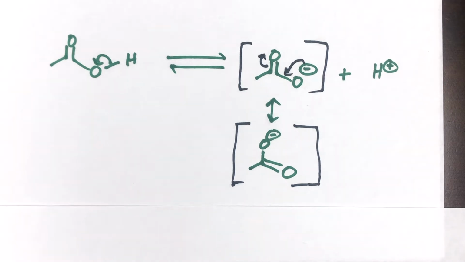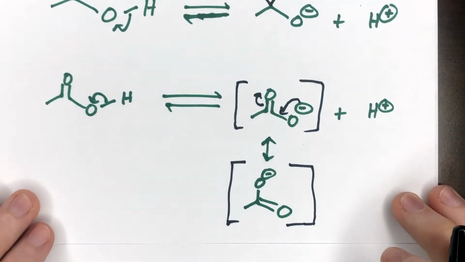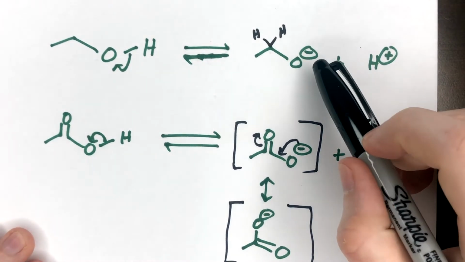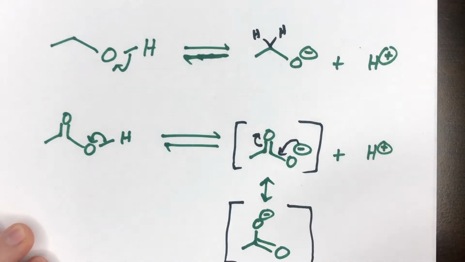And these are equivalent molecules, but it stabilizes that negative charge because it doesn't have to be localized on the oxygen. If we go back and consider the ethoxide, this negative charge is stuck on the oxygen, making that more unstable. As we recall from previous examples, when you have a charged species, that is less stable than if it was neutral.